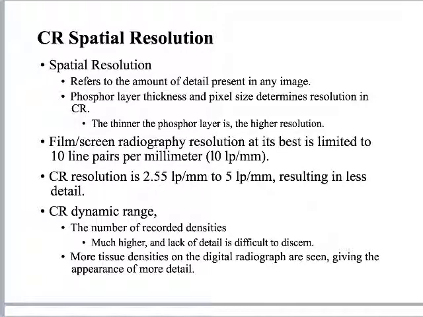Why? Because it has this massive dynamic range. The other thing we're talking about when we talk about dynamic range is that it's got a wide exposure latitude, right? Those are essentially the same kind of concepts. This allows for more tissue densities to be visualized on the radiograph. It gives it more detail, more contrast.